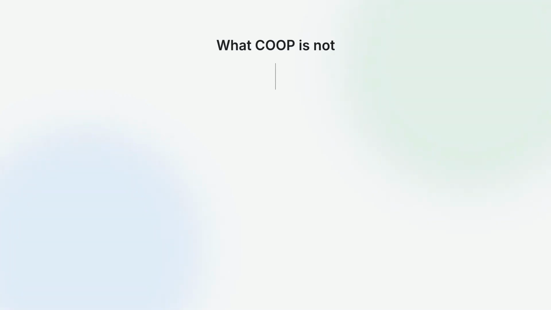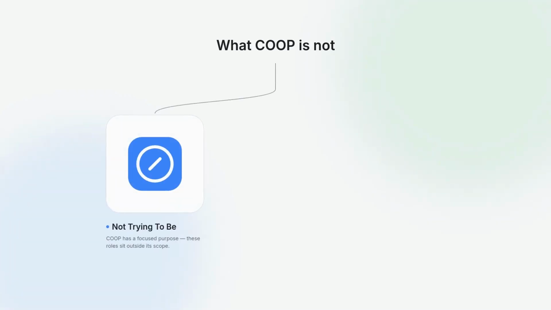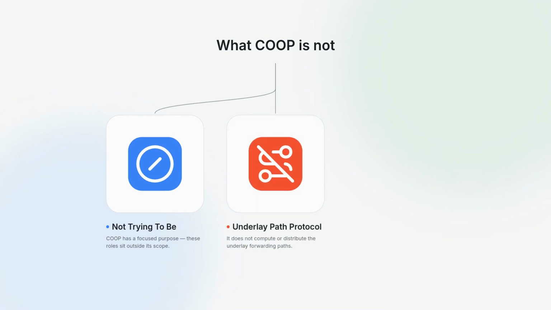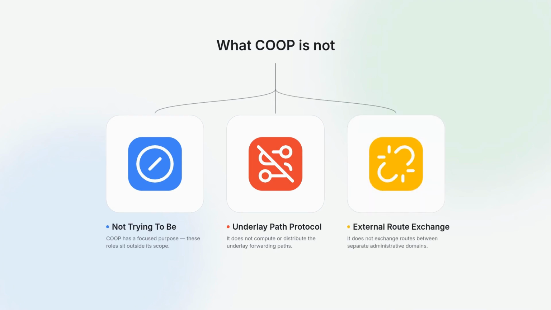Notice what COOP is. It's not the underlay routing function, and it's not the external or remote reachability mechanism. It's the fabric's internal endpoint location function. Its scope is local fabric endpoint location. That scope is exactly why it is so effective inside ACI.